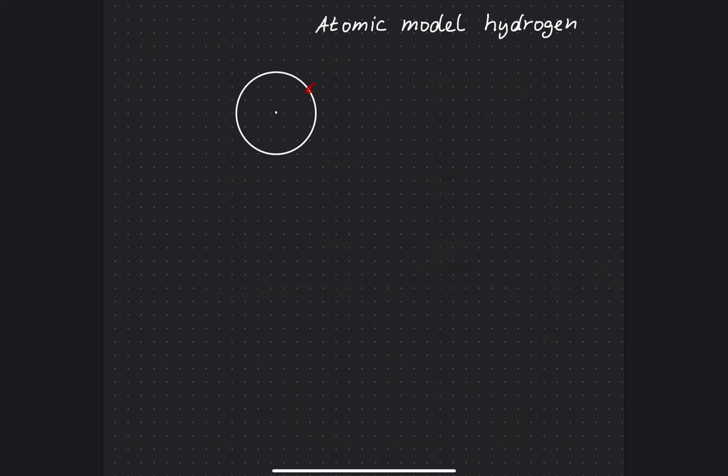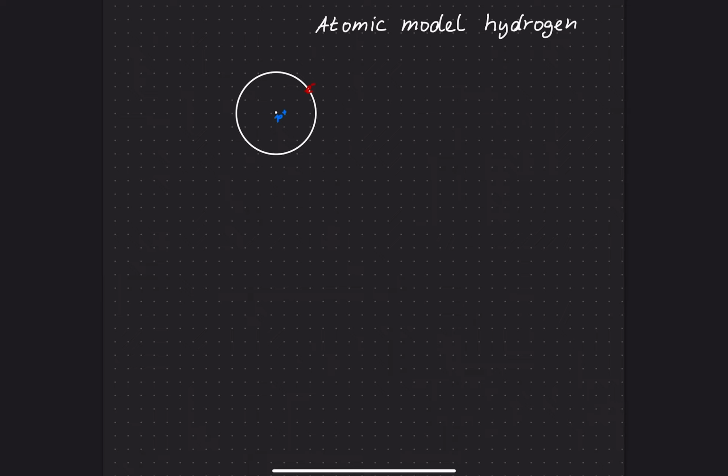The proton that we already mentioned in the case of hydrogen in the previous video is located in the nucleus, or is in fact the nucleus. So we've got a positively charged proton right here in the center, and the electron just orbits around the nucleus, around the positively charged proton.